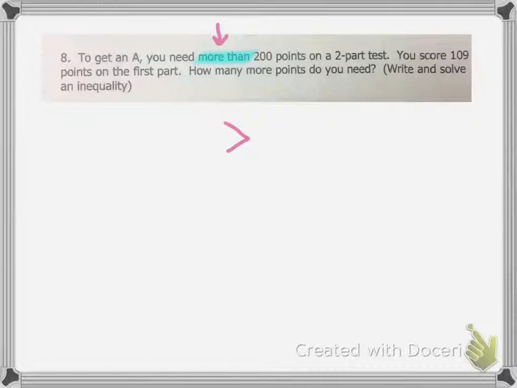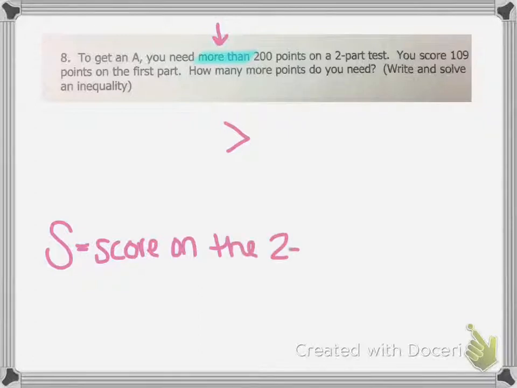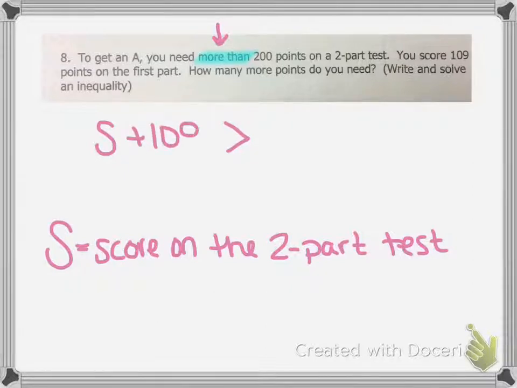So, first thing you need to do is to define a variable. I'm going to just choose S to be the score on the 2-part test. So let's start with S. If we add our 109 points to that, we need it to be greater than 200 points.